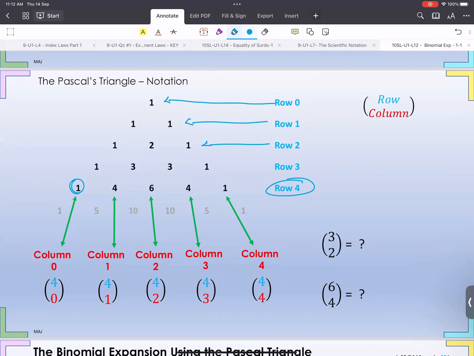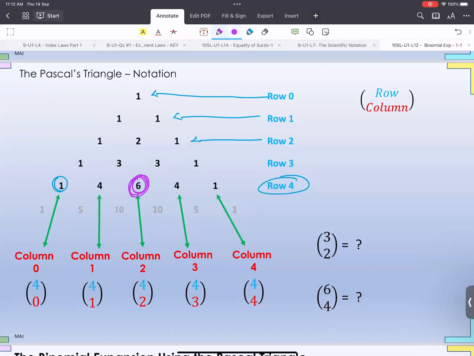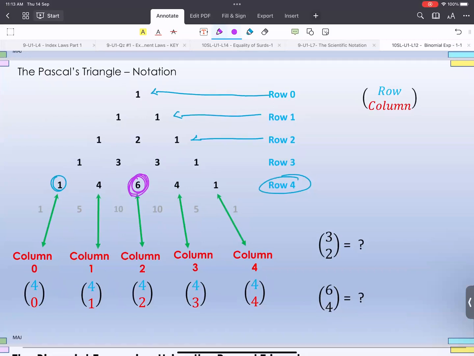In Pascal's triangle like this, we have a notation. If you want to talk about some particular number, if I wanted to highlight this particular value here, I need to give a reference of row and column. Say, for instance, this is the 4th row, that is row 0, row 1, and row 2.